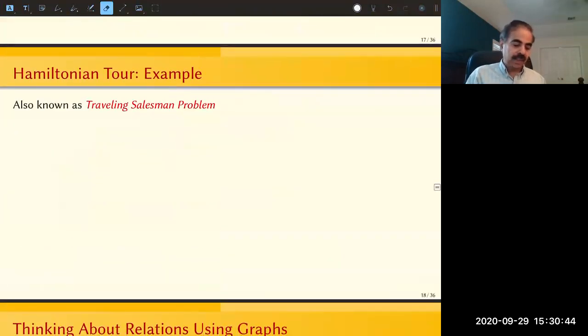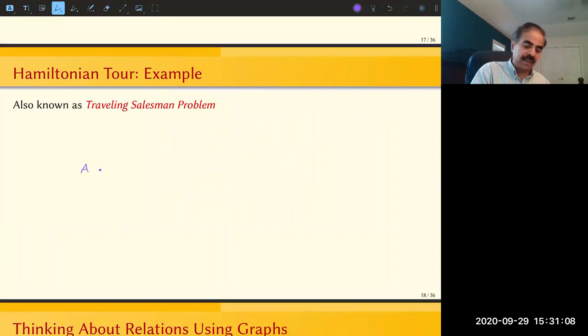Okay, Hamiltonian Tour is sometimes also called the traveling salesman problem, because you can think of it as a salesman trying to tour several cities on a sales trip.